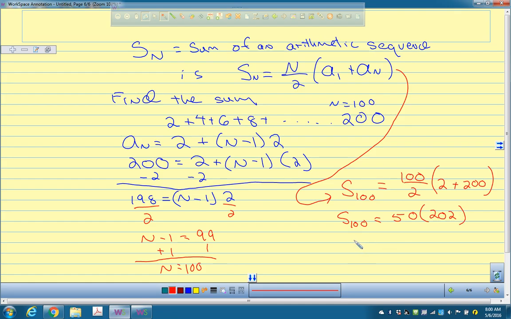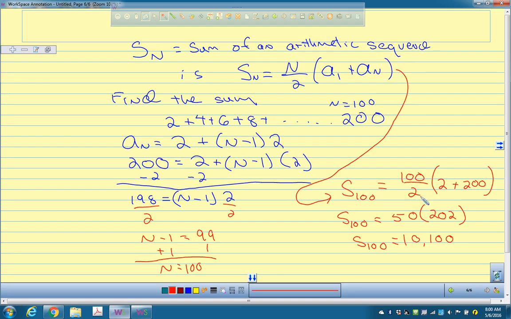Anyone do that in their head? 5 times 2 is 10... 10,000... it's 10,100. Very good. Do you understand that? You take the first term, the last term, multiply by how many terms there are, and then divide by 2, and that'll give you the sum of the first 100 terms.